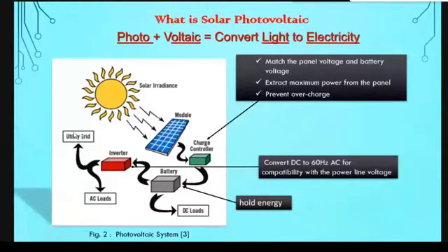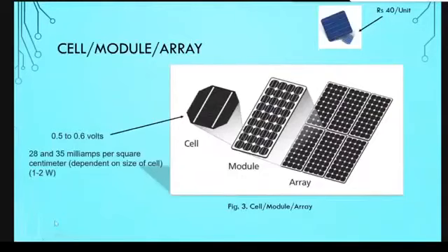Some loads require 100 volt, 120 volt, or 12 volt. So you have to connect the cells in series. When you connect cells in series, what will happen? Suppose this is a cell.